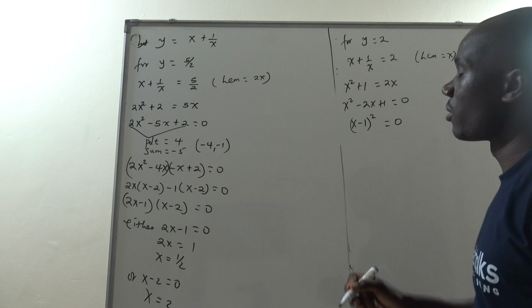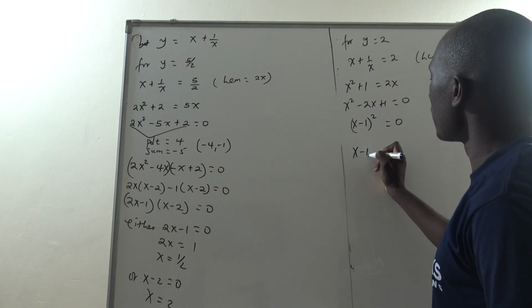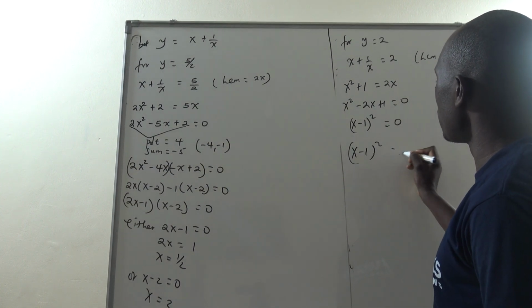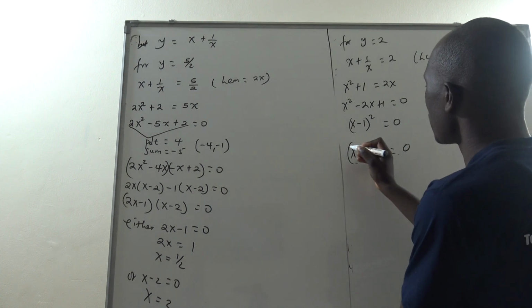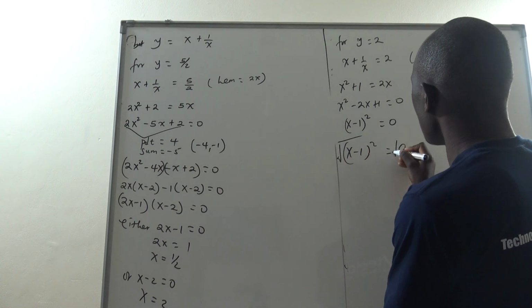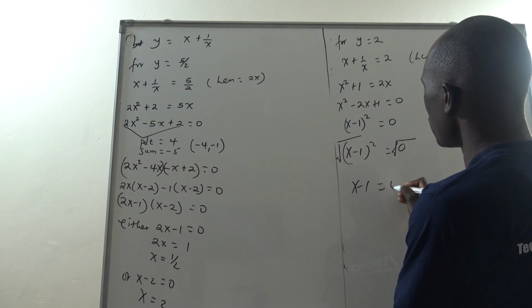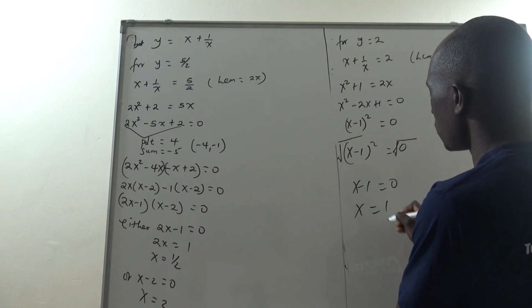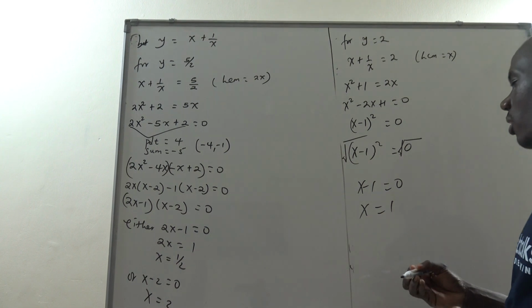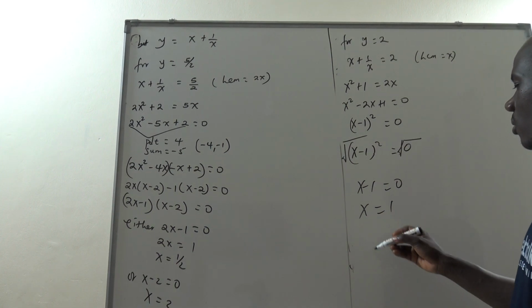Take the square root on both sides. So we remain with x minus 1 equals 0. So x equals 1.